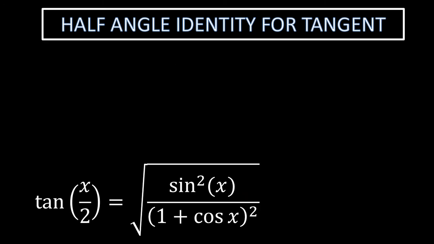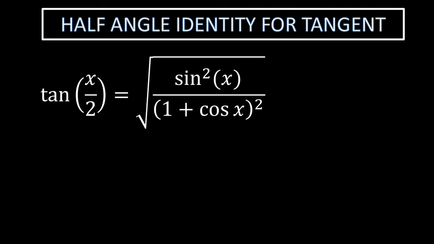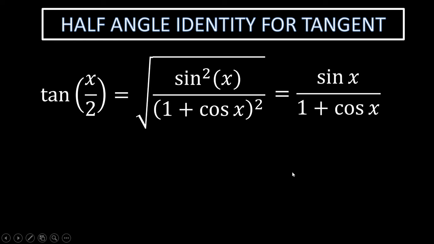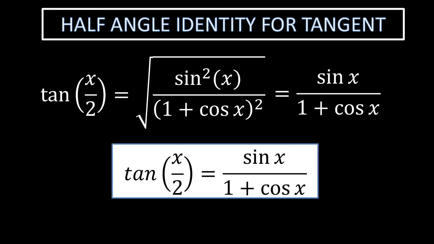If I simplify this, the square is removed because it is inside the square root. So this will become sine x over 1 plus cosine of x. So, there you have it, another half angle identity for tangent.